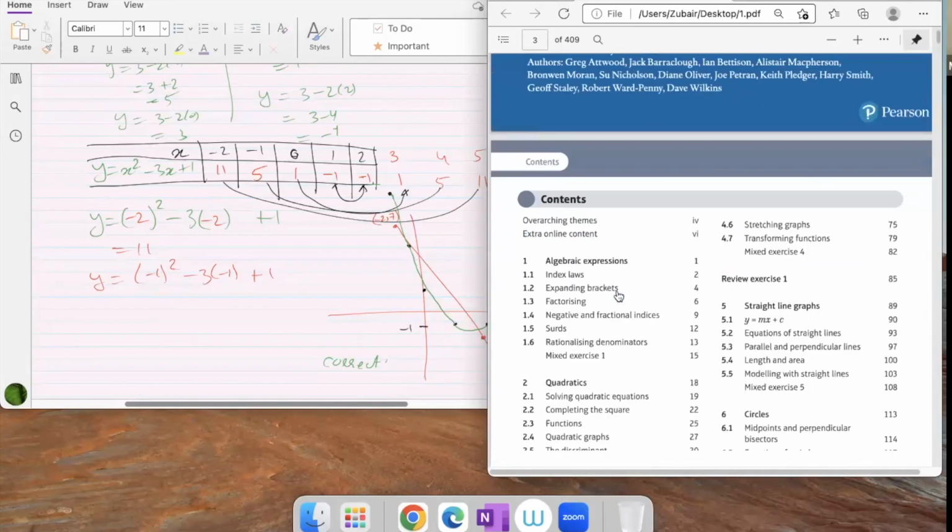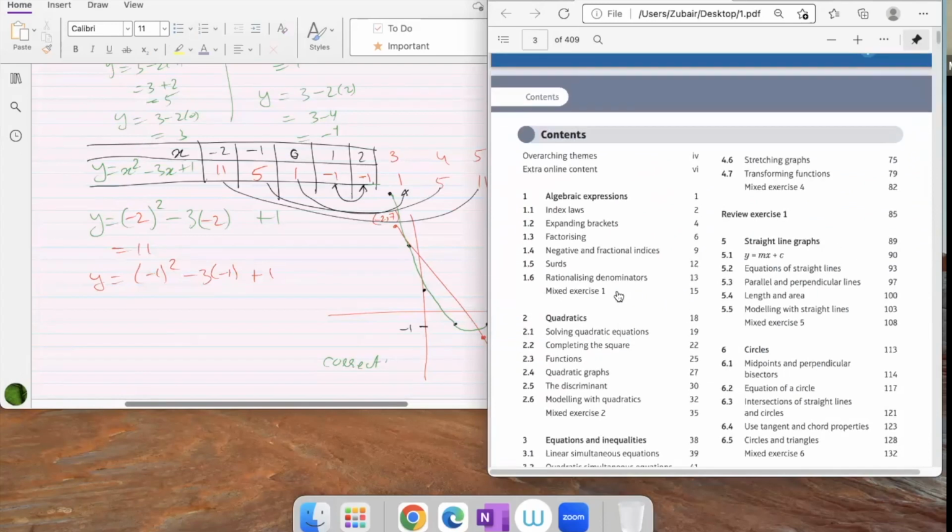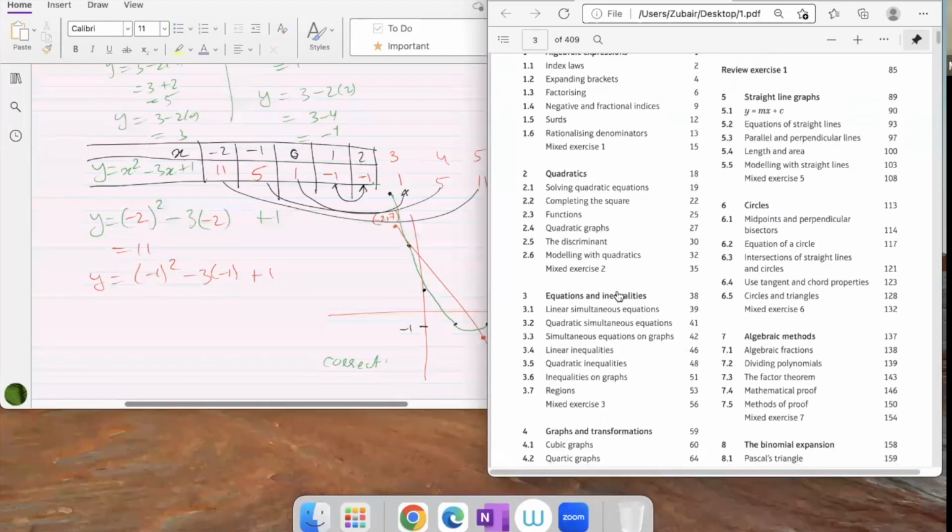Okay, we were on chapter 3, that was simultaneous equations. We discussed equations and inequalities. The portion related to inequalities is left: linear simultaneous equations, quadratic simultaneous equations, simultaneous equations on graphs.